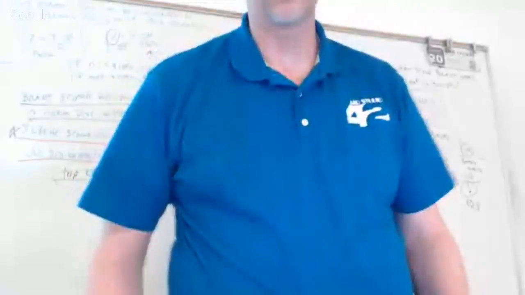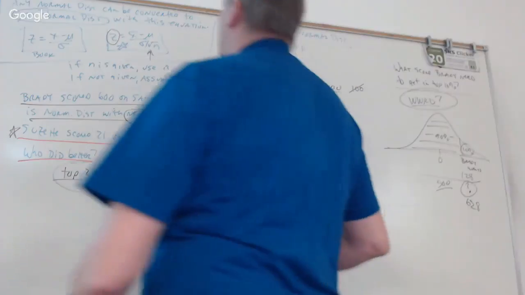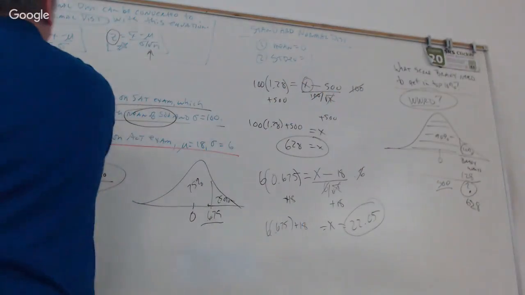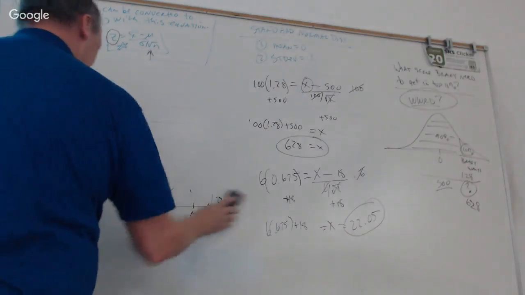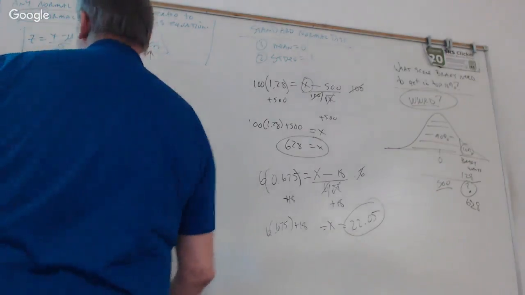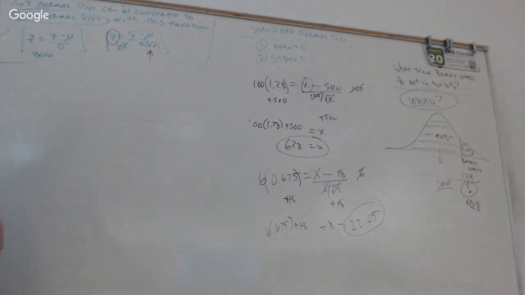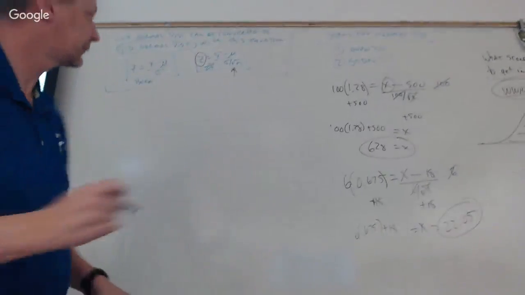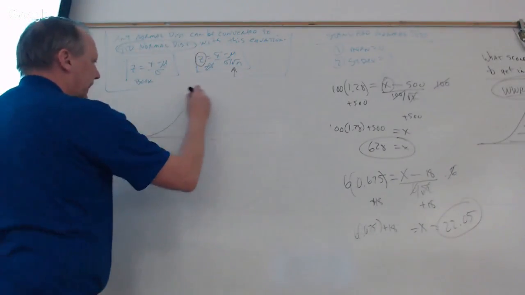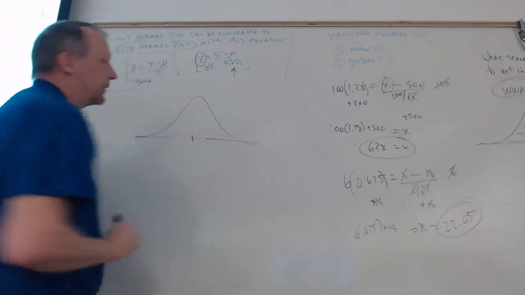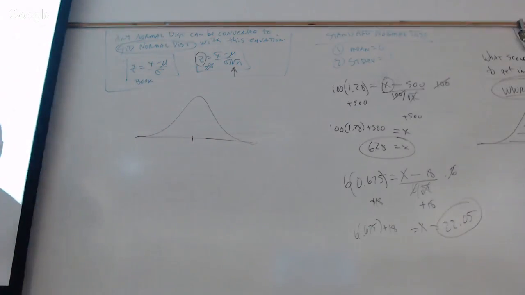Okay, let's draw a picture. I'll keep the equation there. What am I drawing a picture of? A bell curve. How tall is the average toddler? 0 on the standard normal curve.